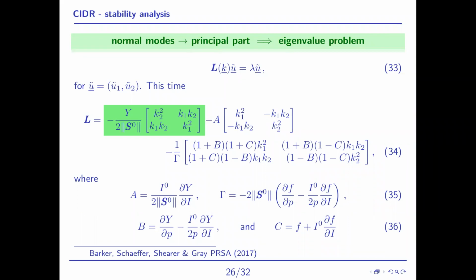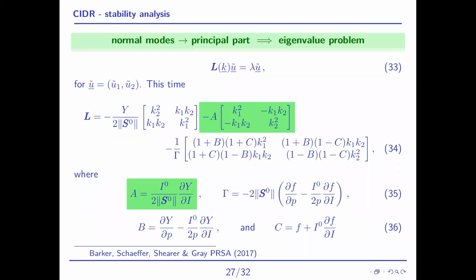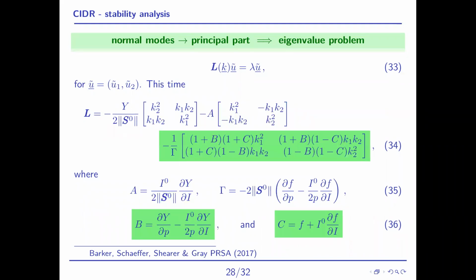And then the next term is scaled by this A factor, which looks very similar to when I had d mu by dI. This time I've got dy by dI. So again, it's starting to pull out terms which depend on my choice of these new constitutive functions in terms of the kinematic variables. And then it all came down to this final term.